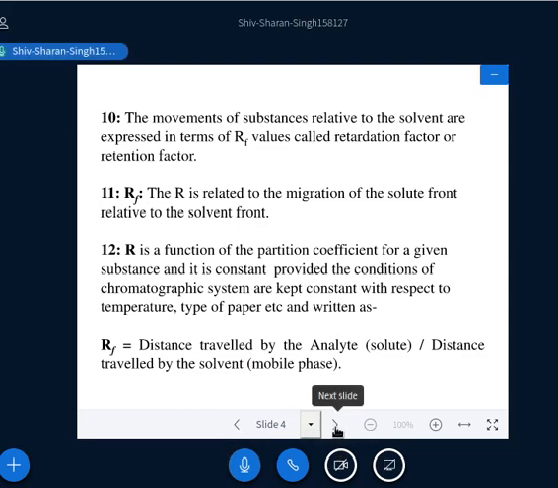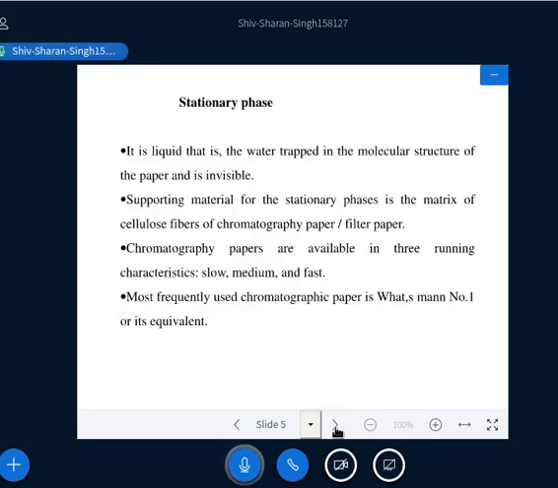In this chromatography, we use two types of liquid phases for the separation of biomolecules. The first one is the stationary phase. This phase is stable, not a running phase, basically water.